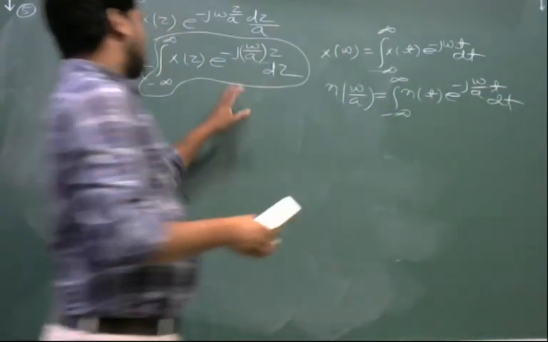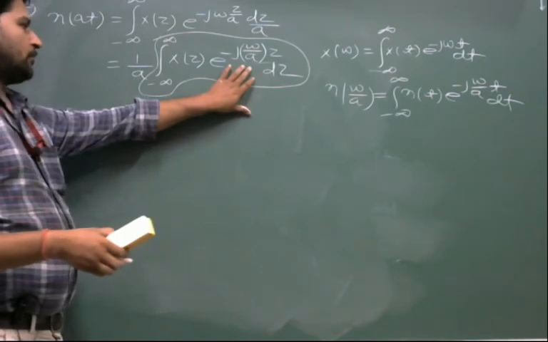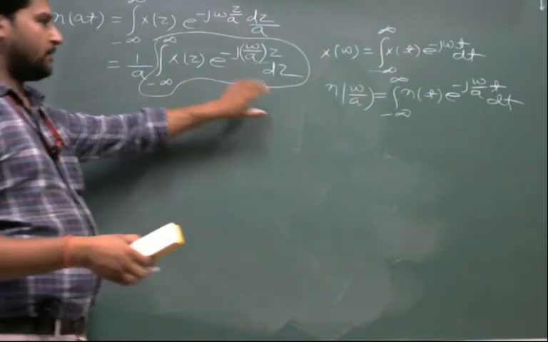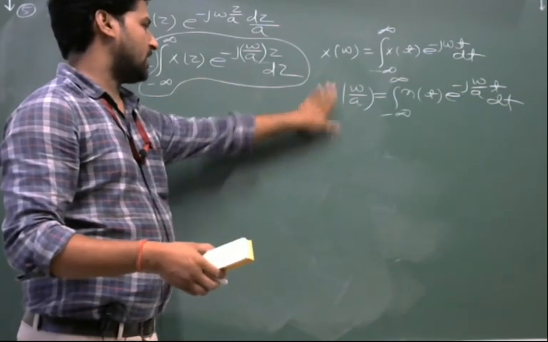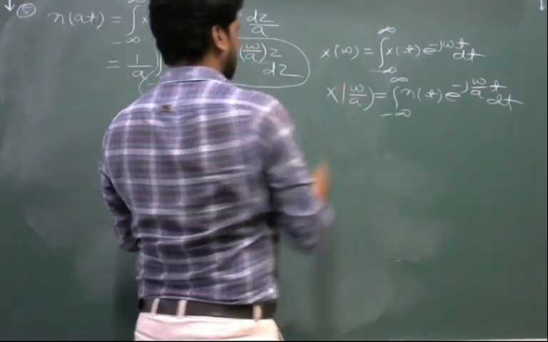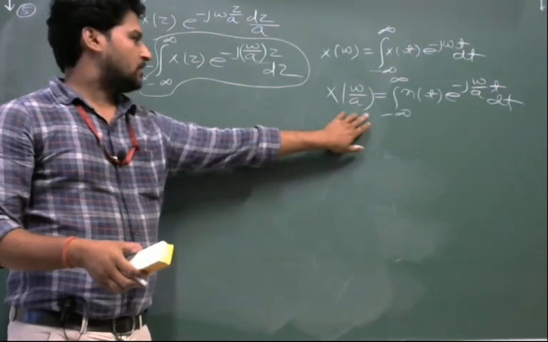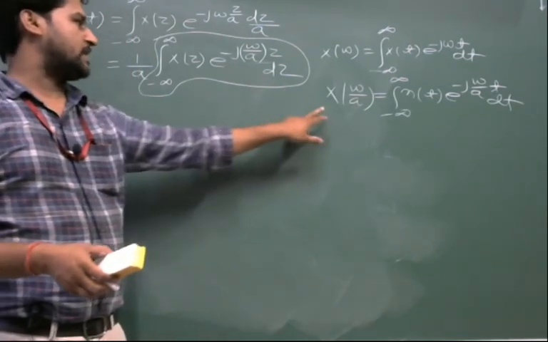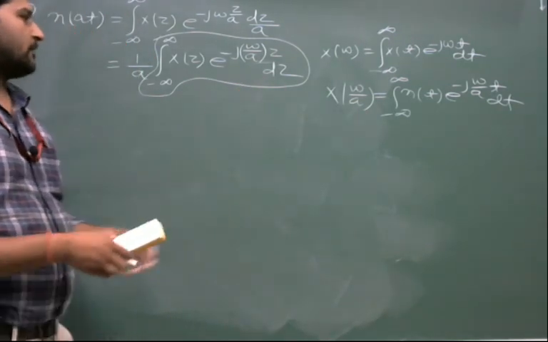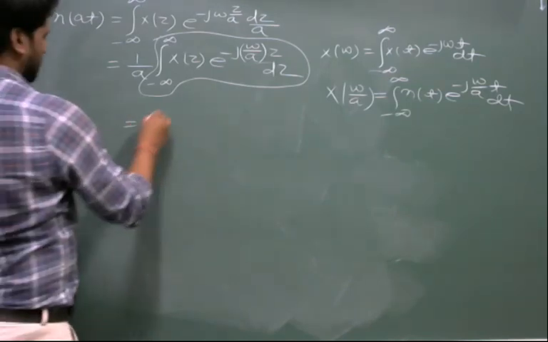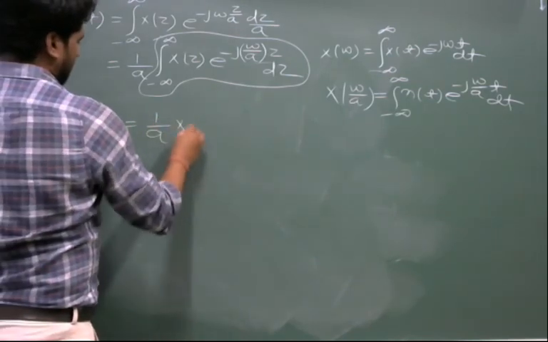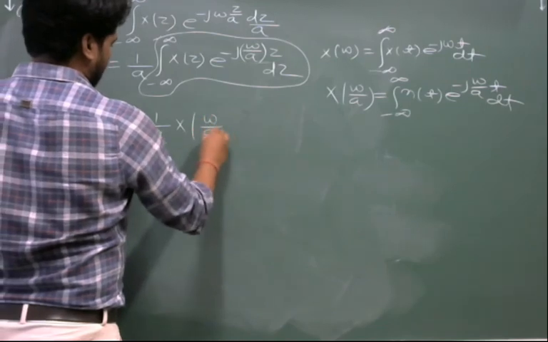It means that this is the Fourier transform in the form of capital X of omega by a. Relating these two equations, this will be equal to 1 by a into X of omega by a.